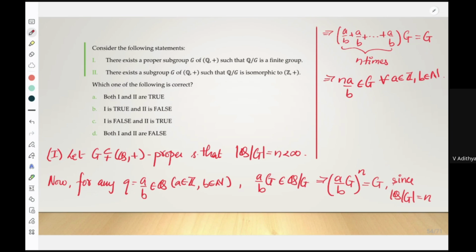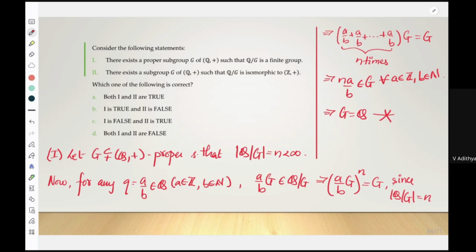Now you can write every rational number in this form. Every rational number can be written as n times a by b for some integer a and natural number b. If it's of the form p by q, you can write it as np by nq, taking a to be p and b to be nq. So this actually implies G equals Q, which gives us a contradiction because we assumed G is proper.